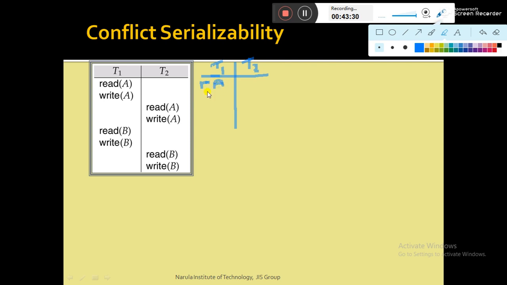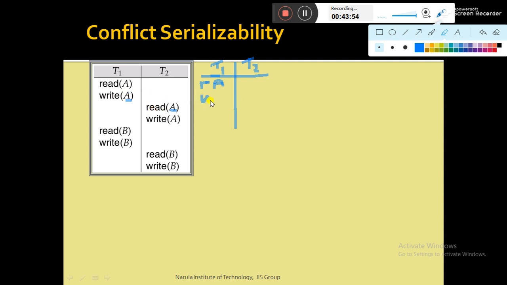Now the next instruction is write A, and the next instruction is read A. This is the instruction from T1, this is the instruction from T2, and they are operating on the same data item, and at least one of the operations is a write operation. That means they are conflicting. If they are conflicting, then you cannot change the order, so they will remain as they are.